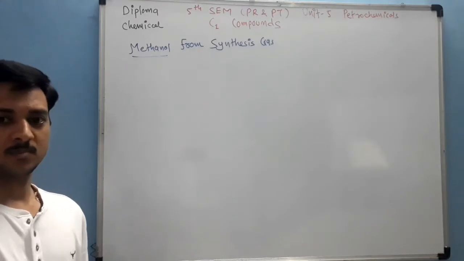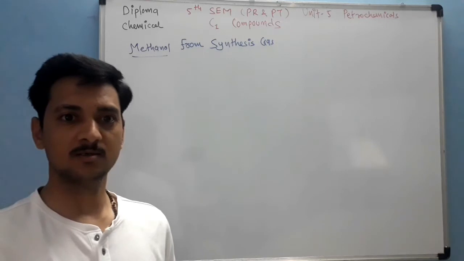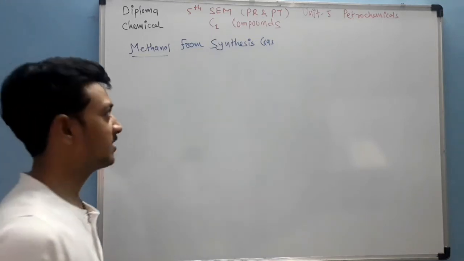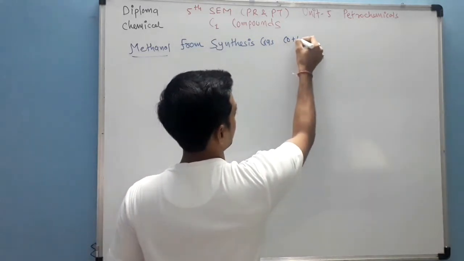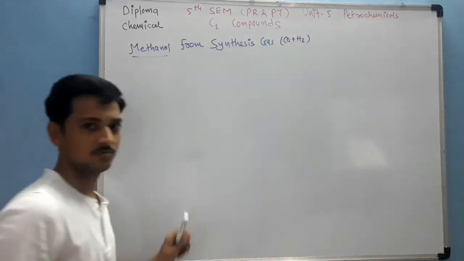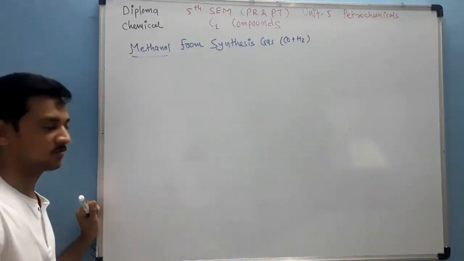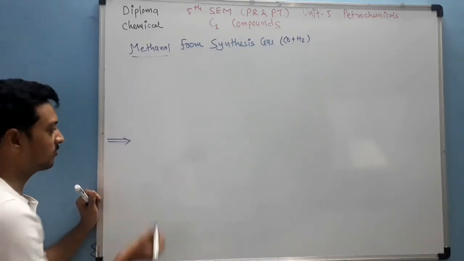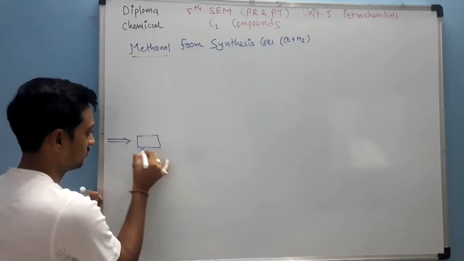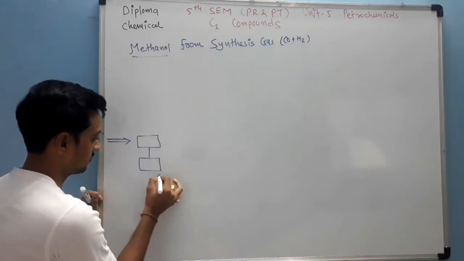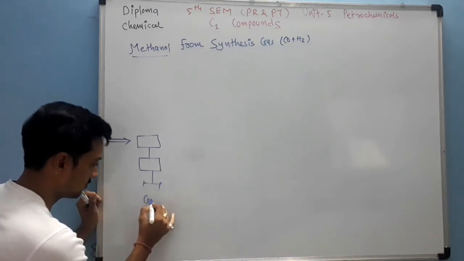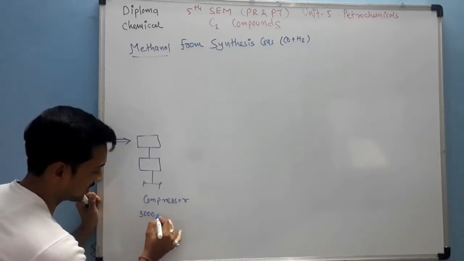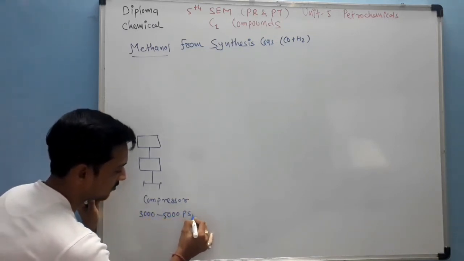Okay. Now let's discuss the methanol flow sheet. The raw material for methanol is synthesis gas, a mixture of CO plus H2. Now let's start the flow sheet. Starting point is the inlet of synthesis gas from the compressor. In the compressor, the pressure is maintained at 3000 to 5000 psi.